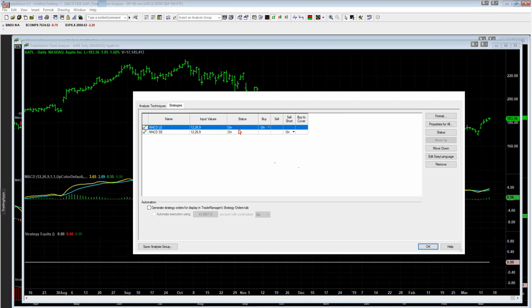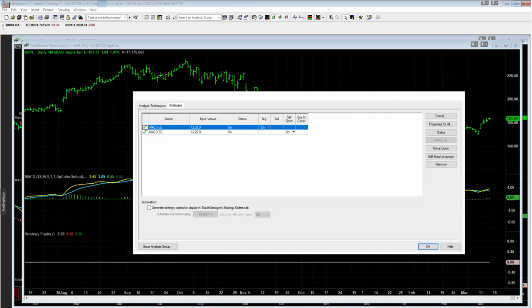The reason I show this is because you'll notice over here on the right there's a status button, which means that I can have multiple strategy components inserted into the chart, and then I can turn some of them on or off and try different combinations of strategy components. So maybe I want to try MACD with stochastic, and then I want to turn stochastic off and try MACD with RSI. So you can mix and match by just turning on or off certain components within the chart. I do this all the time when I'm testing different exits.